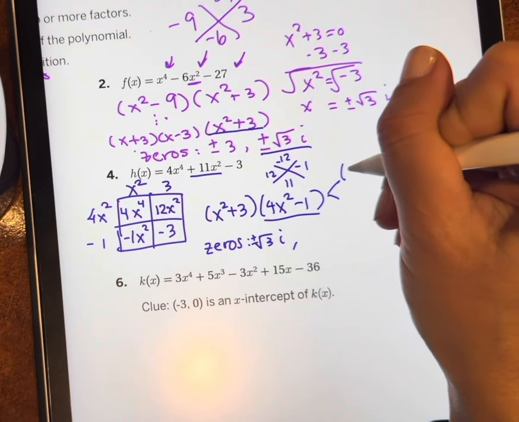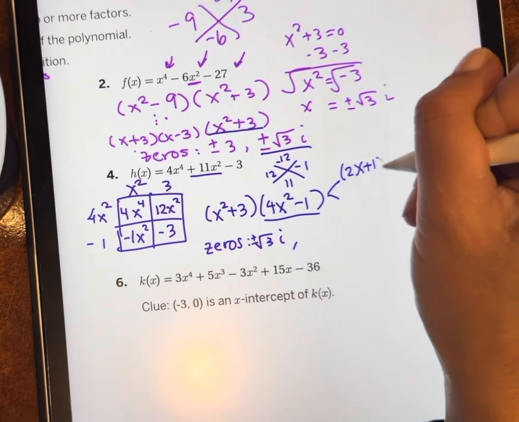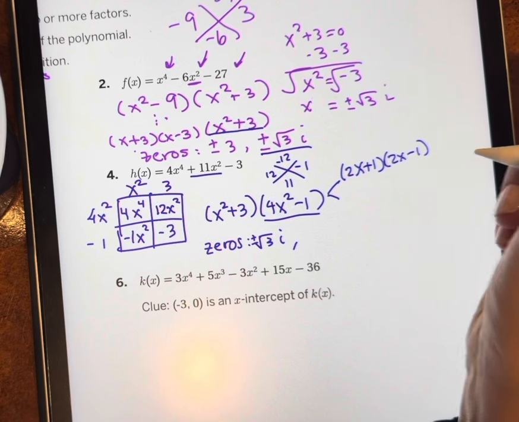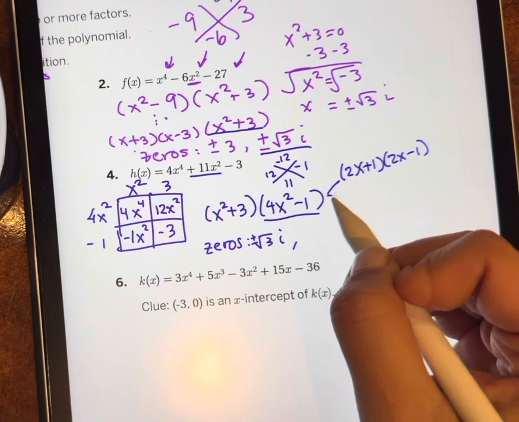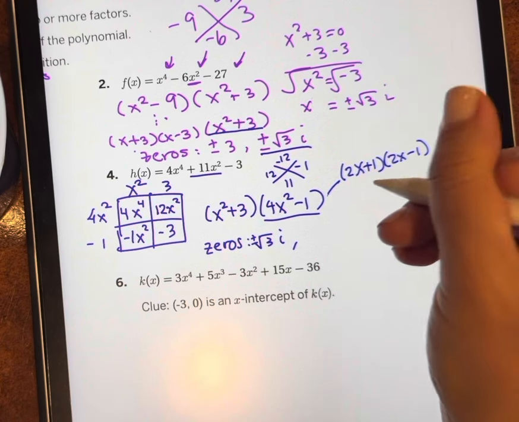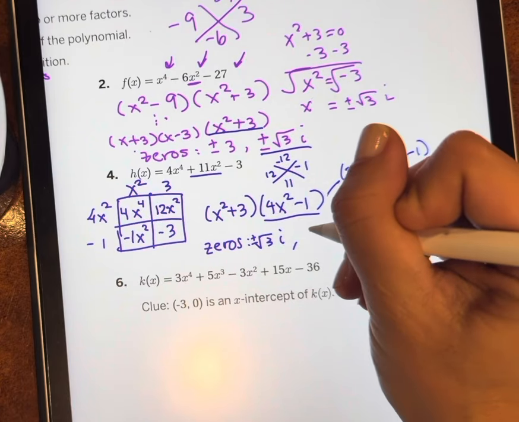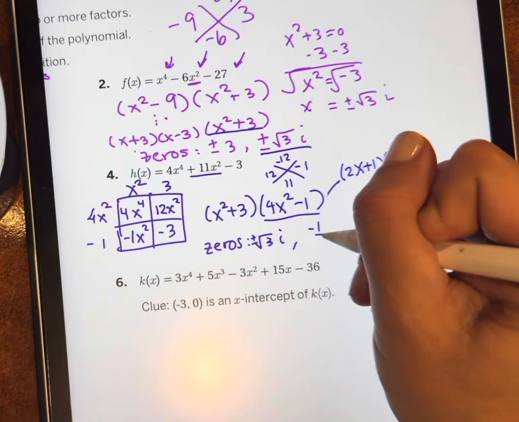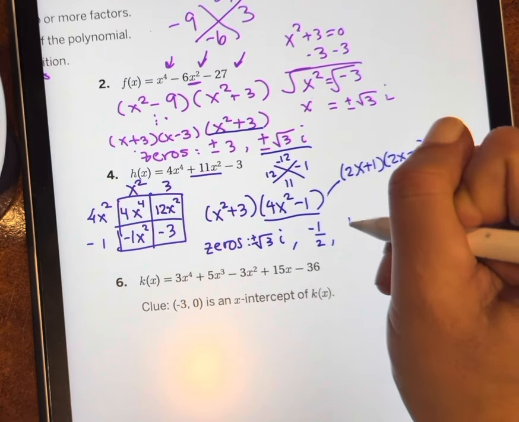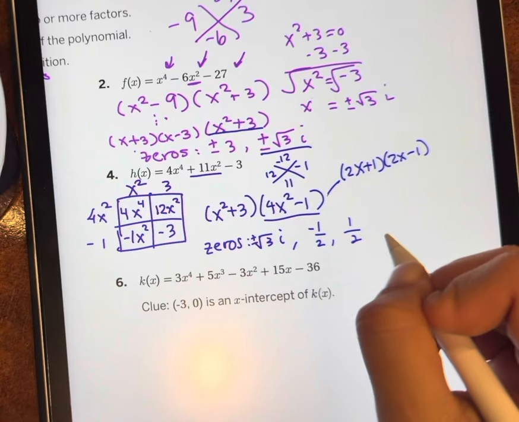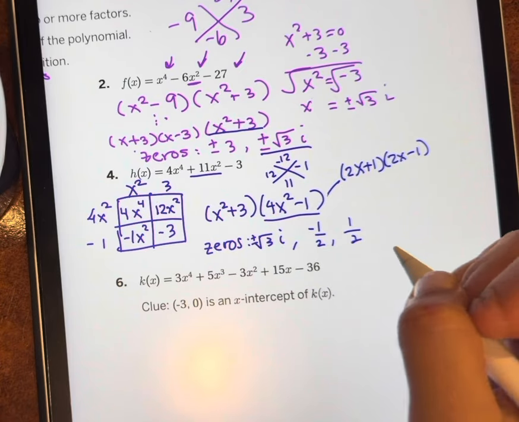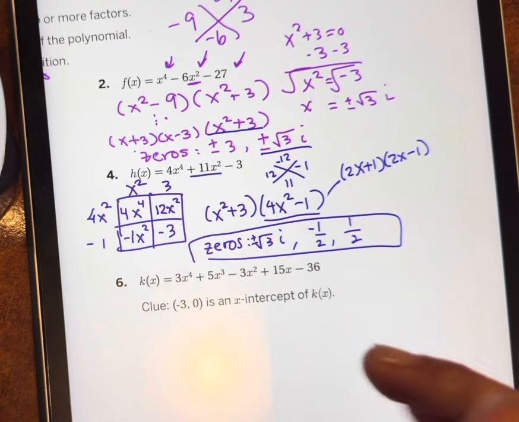So it factors into 2x plus 1 and 2x minus 1. That means that the zeros that it gives me are the opposite of that number divided by that number, opposite of that number divided by that number. You could have written this as plus or minus 1/2. Doesn't matter though.